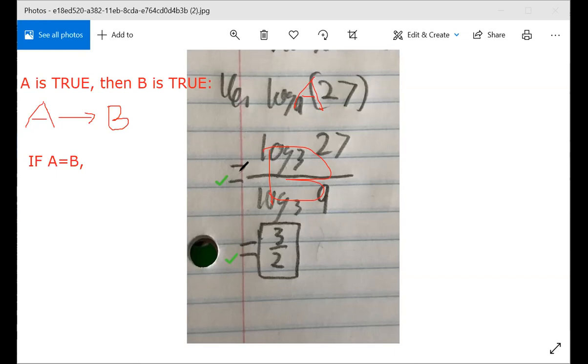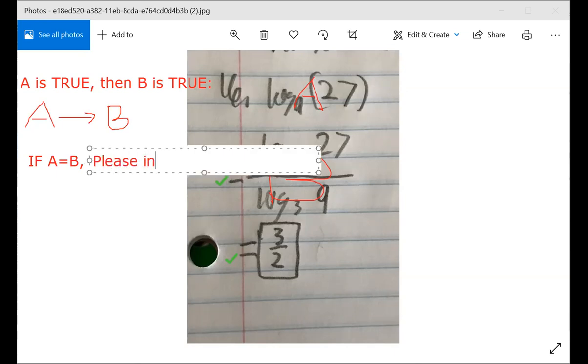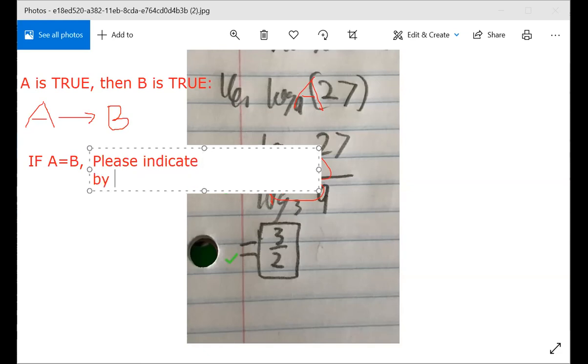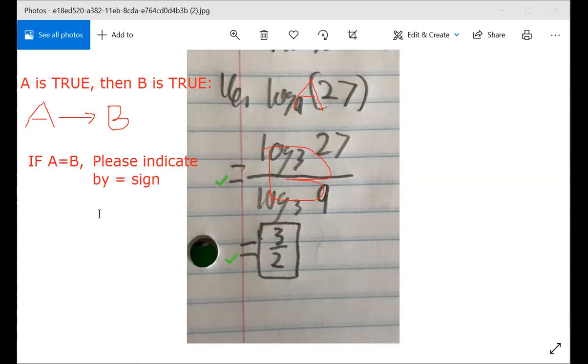You are telling the reader that A is the same as B. An arrow will not be a strong enough relationship. So if A is the same as B, please indicate it by an equal sign. So don't use an arrow.